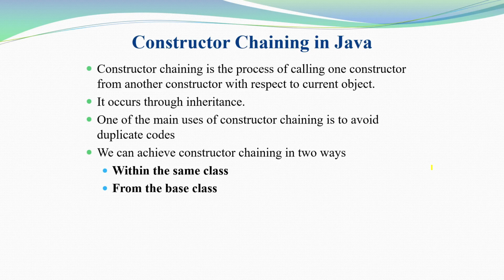For example, if you have a constructor in a superclass, that can be called in the subclass. We will see how in the example. Constructor chaining is nothing but calling the superclass constructor in the subclass constructor. One of the main uses of constructor chaining is to avoid duplicate code.